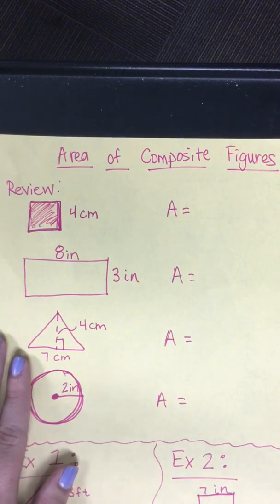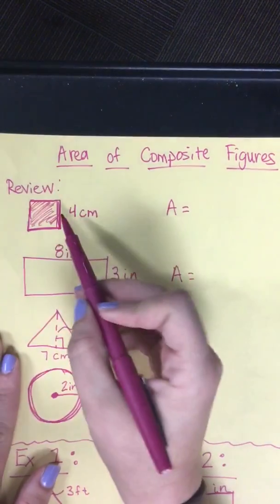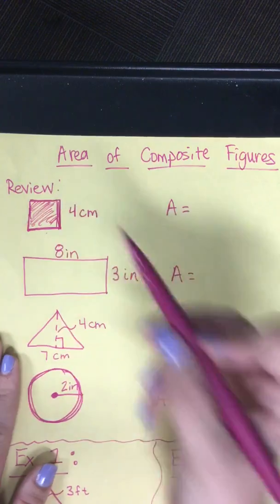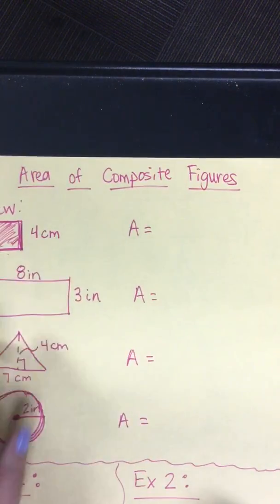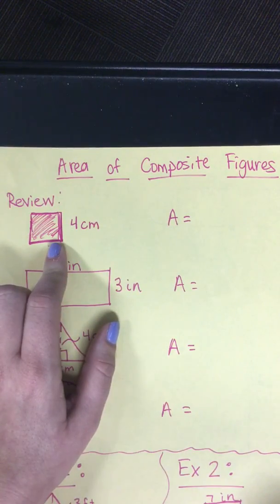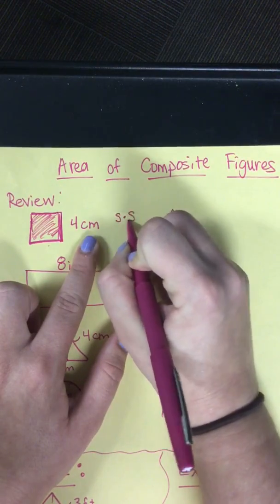Okay, so to find the area of a square, we only have one number, right? But we know that this is the same as this, which is the same as that, which is the same as that, as long as we're told it's a square, right? So we have one side, but we need two numbers to find the area of a square. So we're going to take side times side.